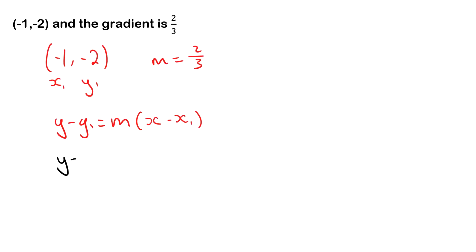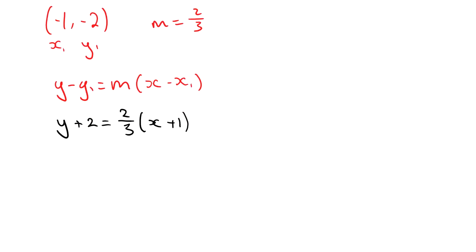So y minus minus 2, when we have those two minuses together like that, it becomes a positive, so plus 2 equals 2 over 3 x minus minus 1, again the two minuses make a positive. Now I can multiply my 3 up here and I get 3y plus 2 equals 2x plus 1.